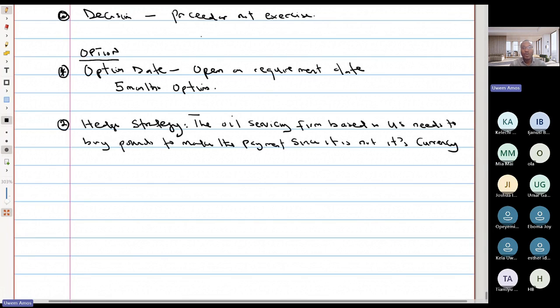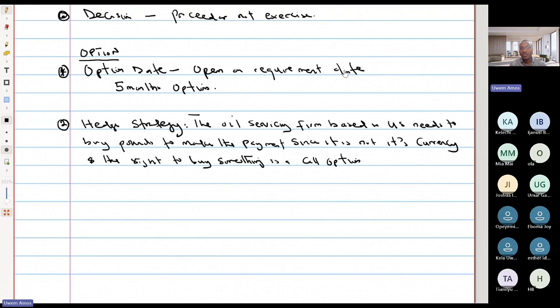Since it is not its currency, it needs to buy pounds, and the right to buy something is a call option. So therefore, the applicable strategy is a call.